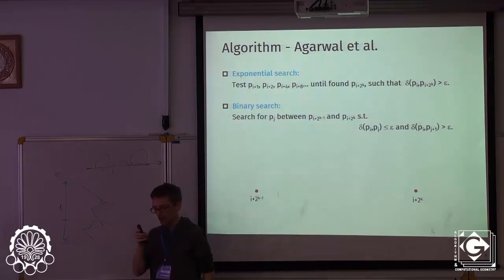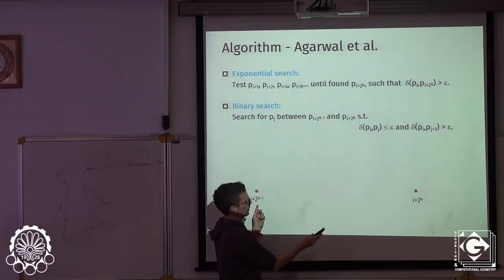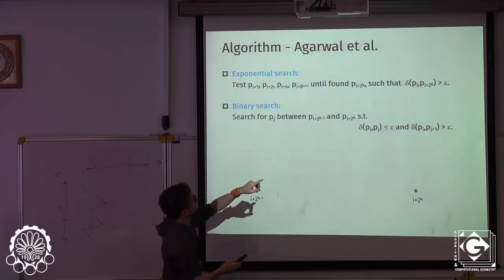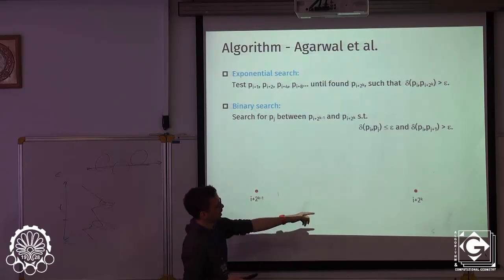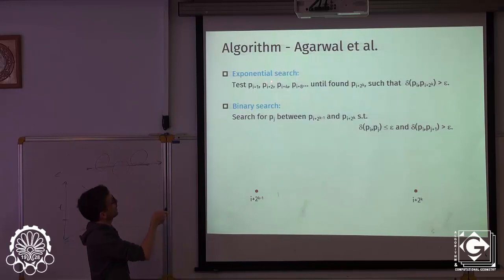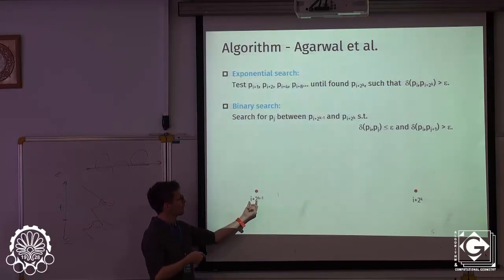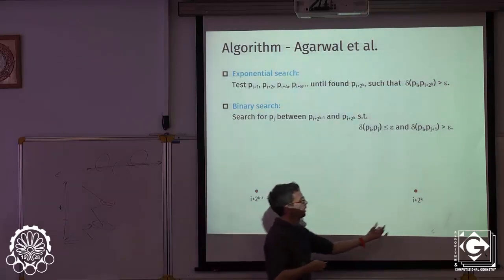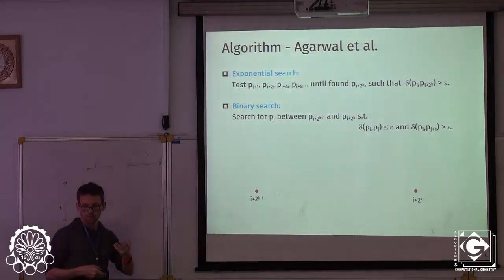After performing these tests, we have an interval, and depending on how often I did this test, it will be between i plus 2 to the k minus 1 and i plus 2 to the k. Since I always tested whether this is larger than epsilon and stopped as soon as it was, I know that at this point the distance is smaller or equal to epsilon, and here the distance is larger than epsilon.